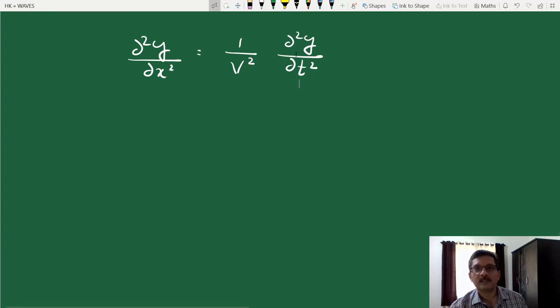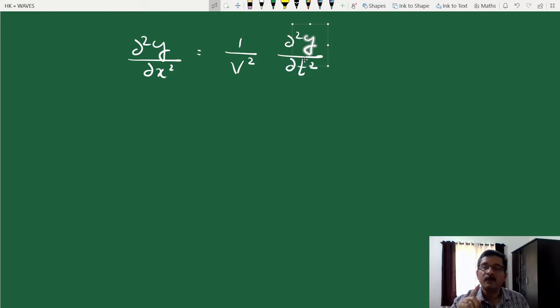Now we know that there should be a dou square y by dou t square term here, a second order derivative in position and a second order derivative in time. So on the right hand side we have a 1 by t square dimension. But the dimension on the left side is 1 by L square and the dimension on the right side is 1 by t square. Then the two dimensions should be the same because it's an equation. How do we make it happen?